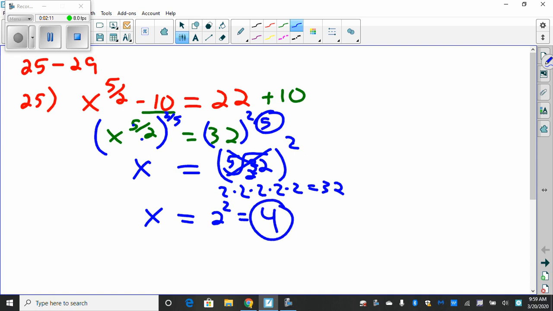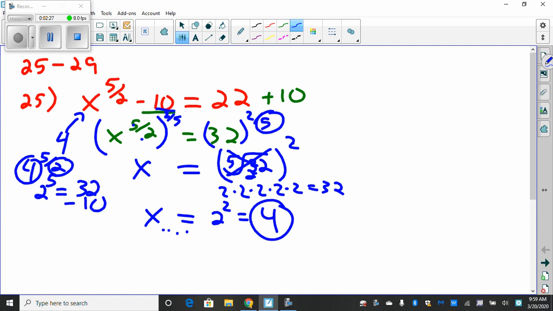So let's check our answer. If I put 4 in for x, I've got 4 to the 5/2 power. Well, the square root of 4 is 2. 2 to the 5th, we just realized over here, was 32. And 32 minus that 10 is, in fact, 22. So 4 checks out. Well, 25 is a pretty reasonably straightforward problem.